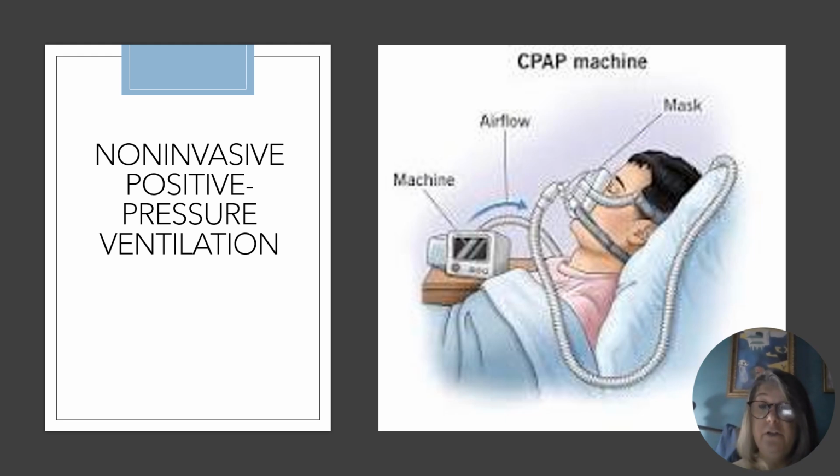This is what people can use at home when they are suffering from sleep apnea. We have CPAP or BiPAP. Basically, both of them are continuous positive airway pressure. They just keep everything open and moving. Remember that the alveoli stay open with this positive pressure.